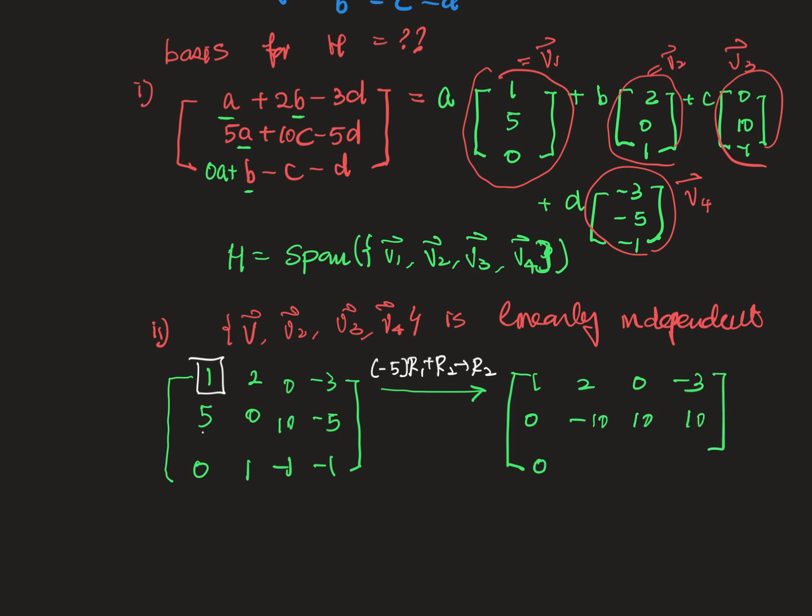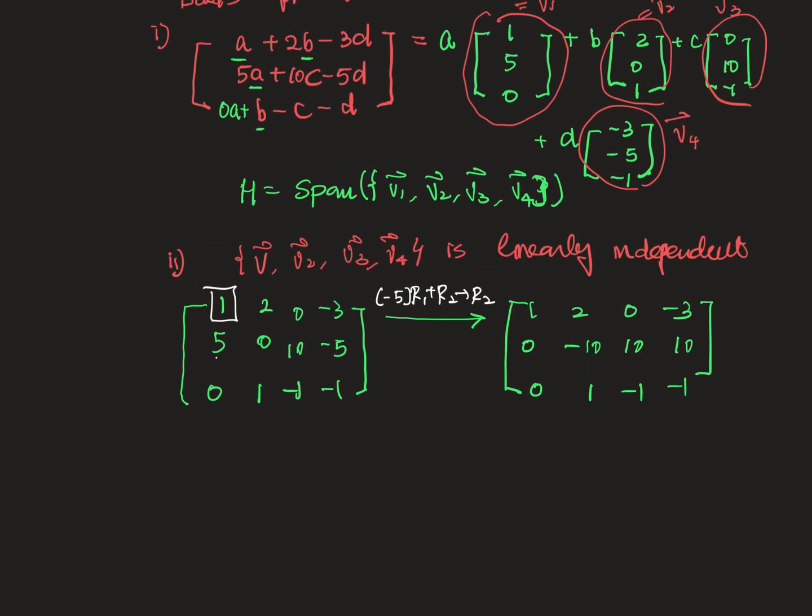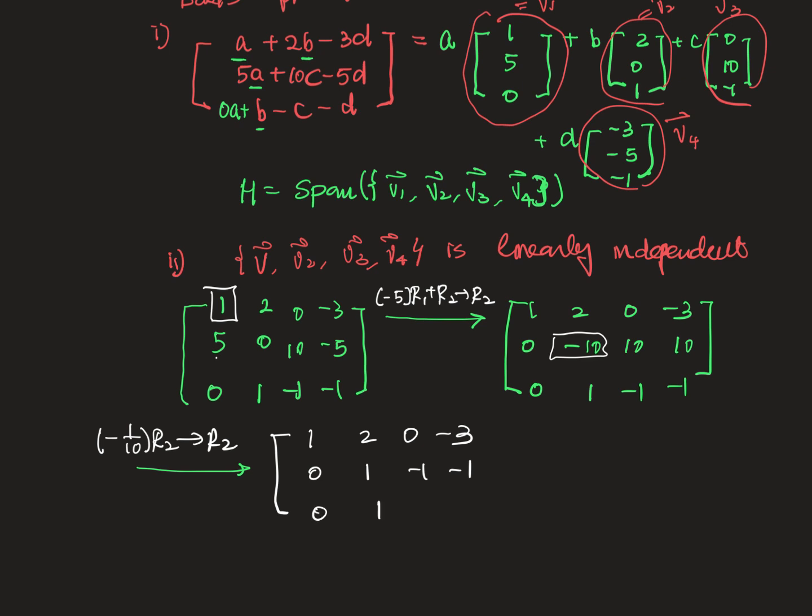Third one is 0, 1, -1, -1. Second part, what do you have to do? This one is a pivot, right? So you divide by -10, so -1/10 R2 goes to R2. So you have 1, 2, 0, -3, 0, 1, -1, -1, 0, 1, -1, -1.